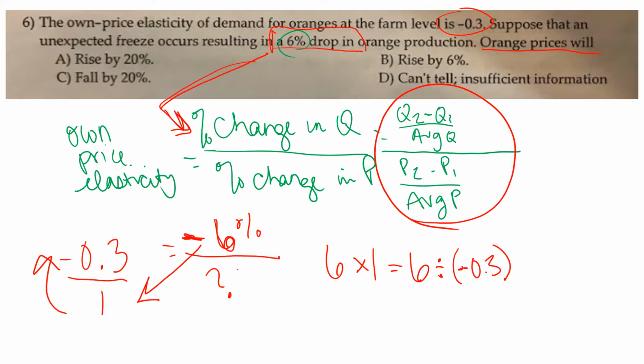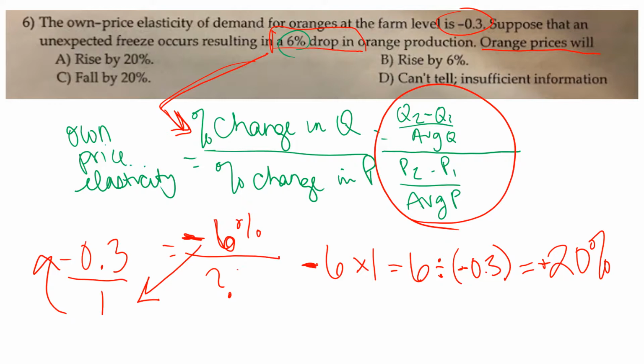Let me put that on my phone. 6 divided by negative 0.3. And I get a positive 20%, or a negative, I'm sorry. No, it is positive because I forgot to bring my negative with the 6%.